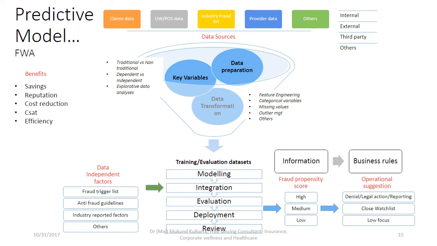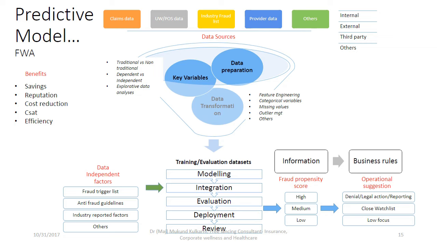Let's talk about the fraud, waste and abuse model. And here again, I'm not going to talk much about the benefits, because everybody knows that fraud is a big leakage today. If you have a good technical, scientific way of predicting those frauds, you'll obviously contribute towards savings, you are bringing bad cases out, and you're spreading that message across industries.